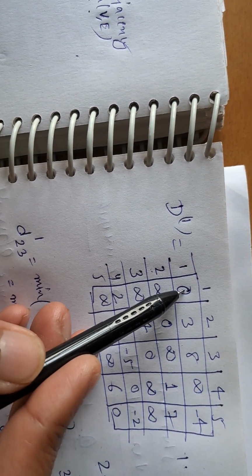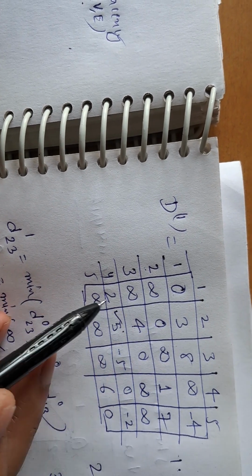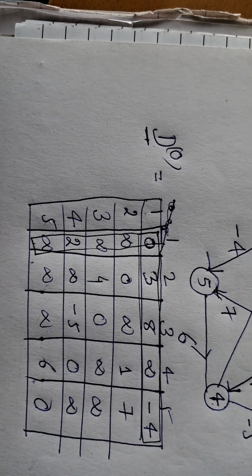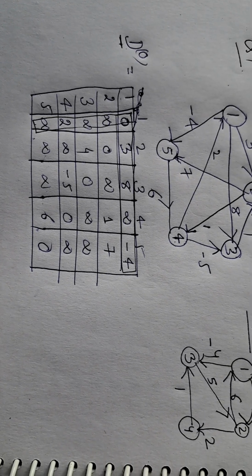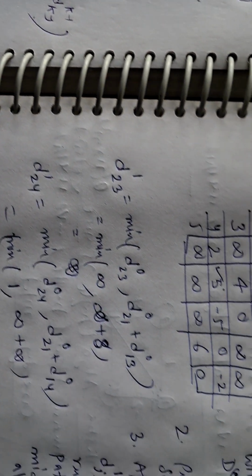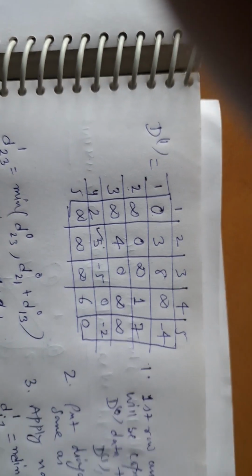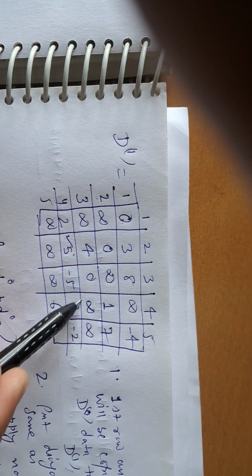You can see, the D1 matrix first row and first column is the same as in the D0 matrix. And second thing, the diagonal elements you need to keep as 0. I have made all the diagonal elements 0.